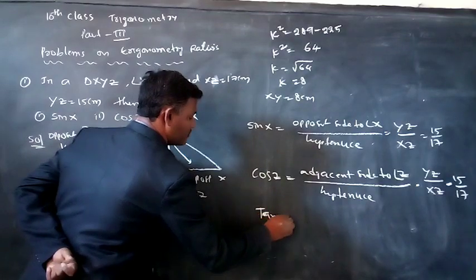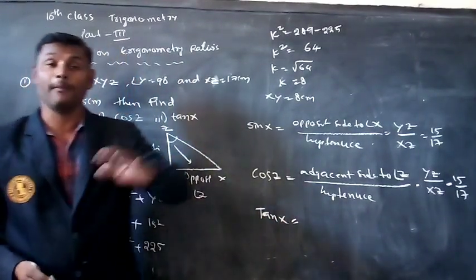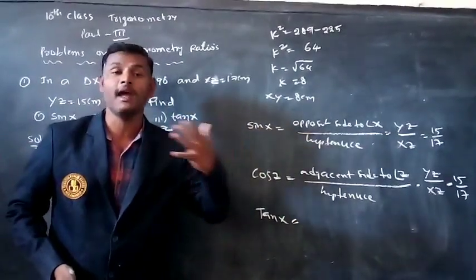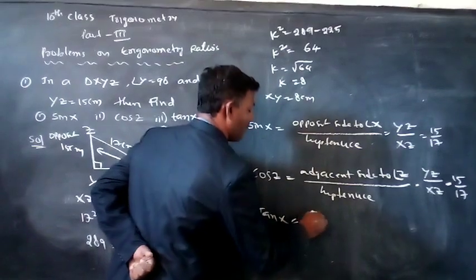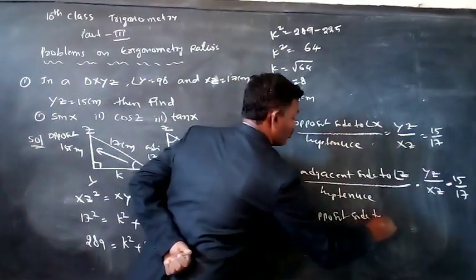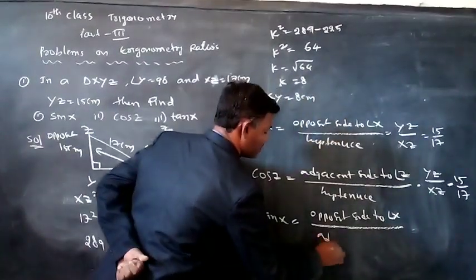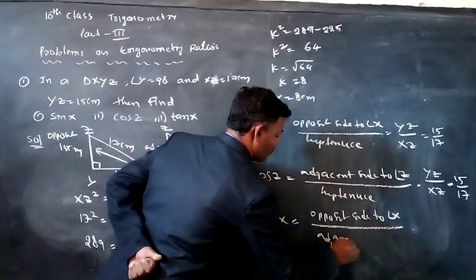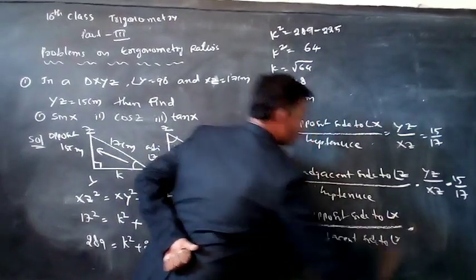Next, what do I need? Tan x. What is the formula of tan theta? Opposite side to angle theta by adjacent side to angle theta. So tan x means opposite side to angle x by adjacent side to angle x.